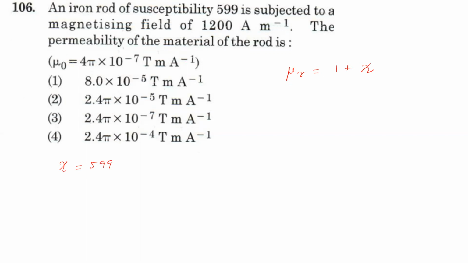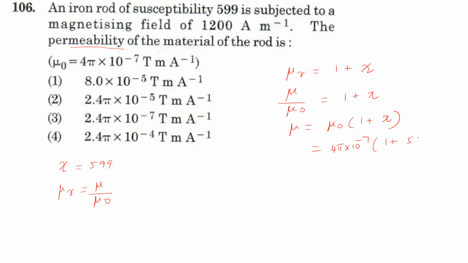They are asking the permeability of the material, and mu r is equal to mu by mu naught. So mu by mu naught is equal to 1 plus susceptibility, so mu is equal to mu naught into 1 plus susceptibility. Now substitute mu naught as 4 pi into 10 power minus 7, into 1 plus susceptibility, which is 599.